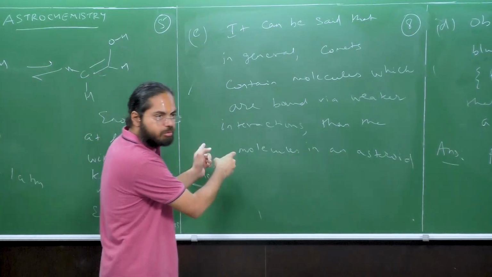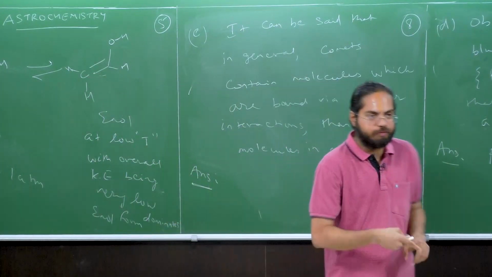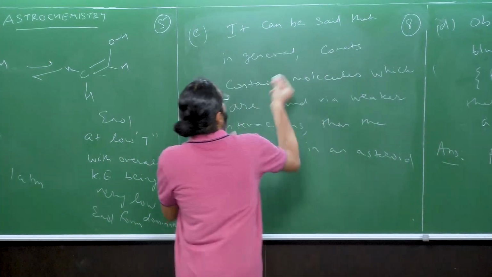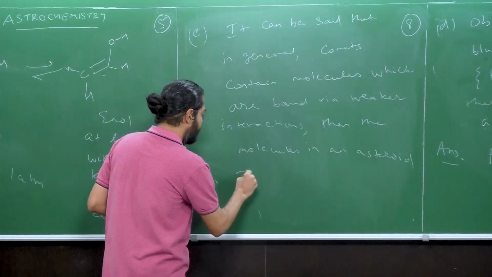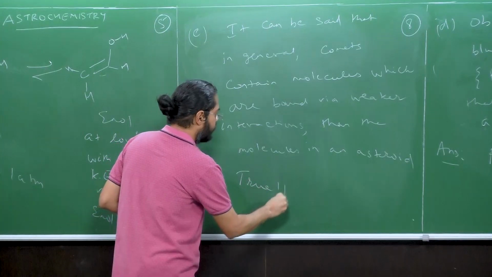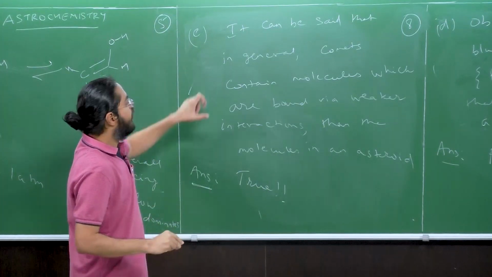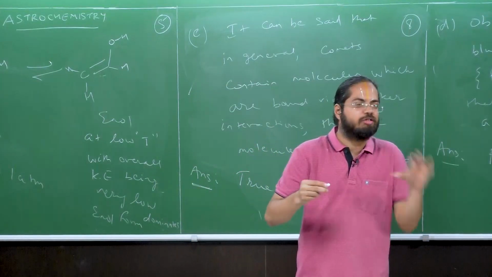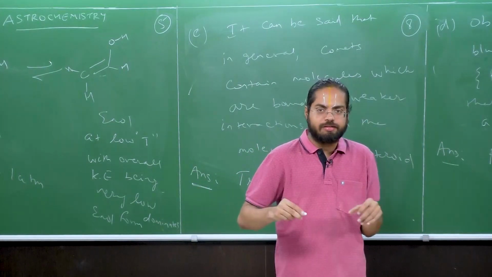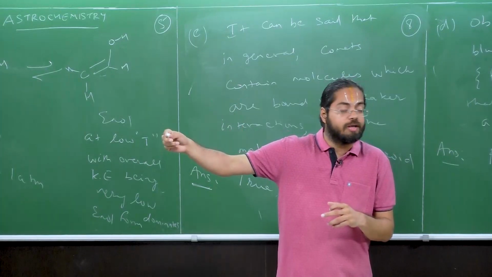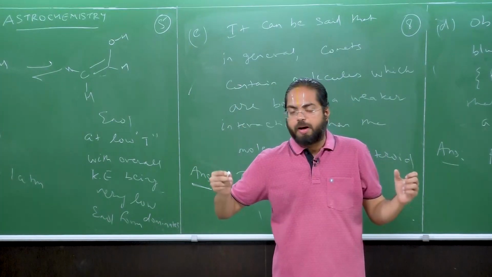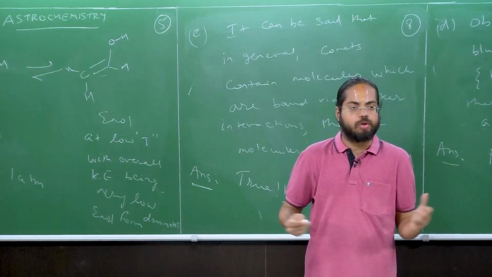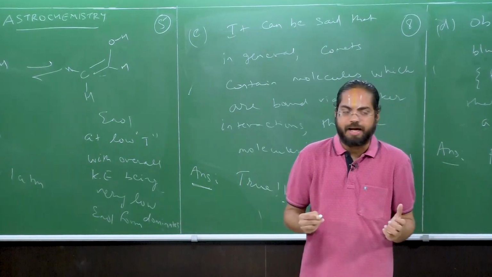We have gone through this part in great detail a few lectures ago, right? The answer is, of course, it is true. Why is that? Because the comets contain several volatile organic and small inorganic molecules, whereas asteroids are formed by giant lattices of strongly bound inorganic molecules binding together, right?